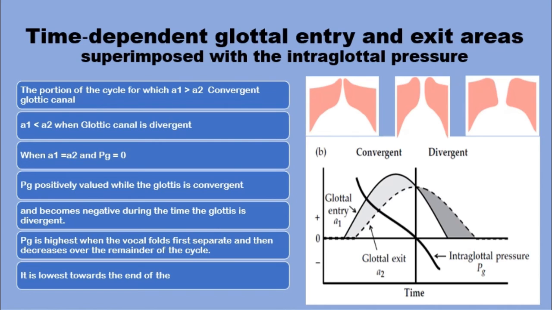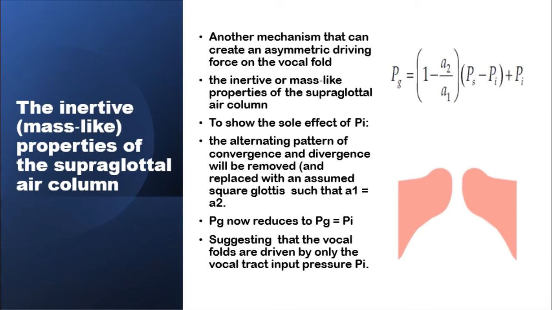glottis. We now move to the other mechanism that was proposed to explain the self-sustained oscillations of the vocal fold. This third mechanism is the mechanism of the inertive, the mass-like properties of the supraglottal air column, the air column above the glottis in here.